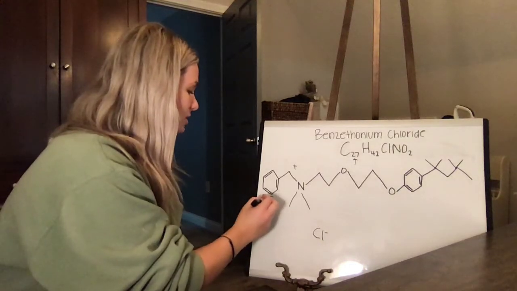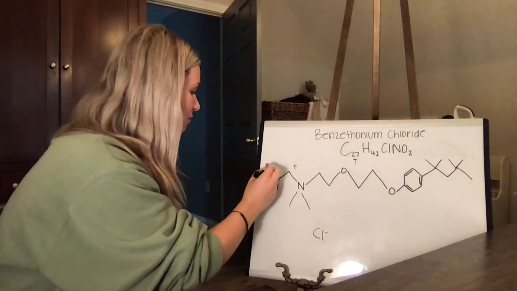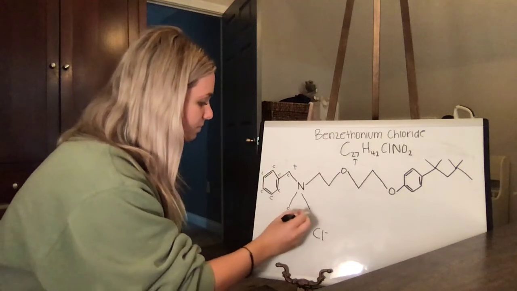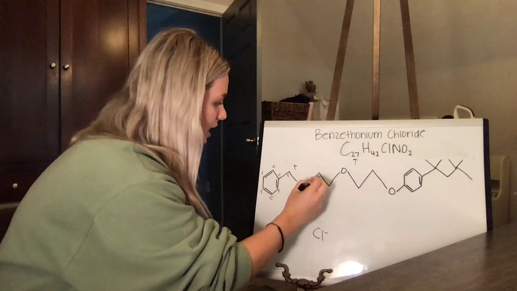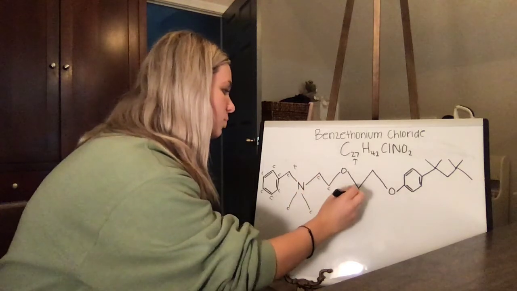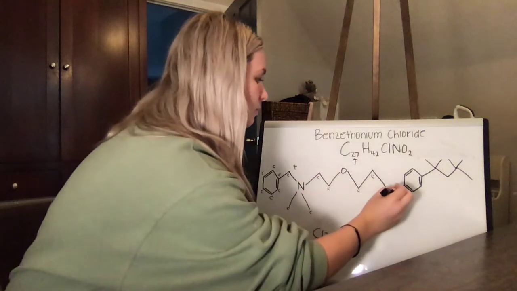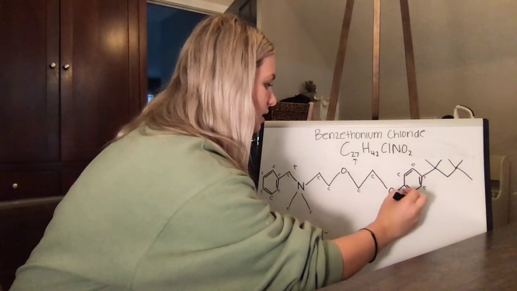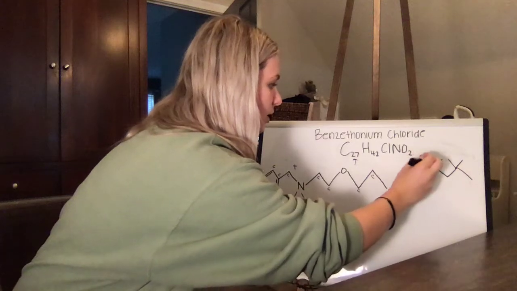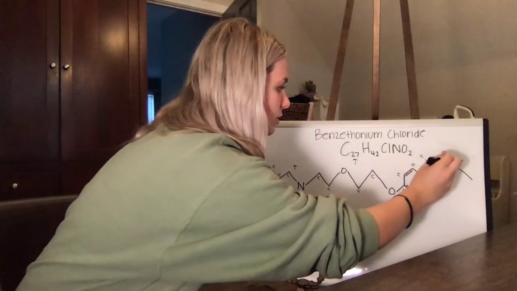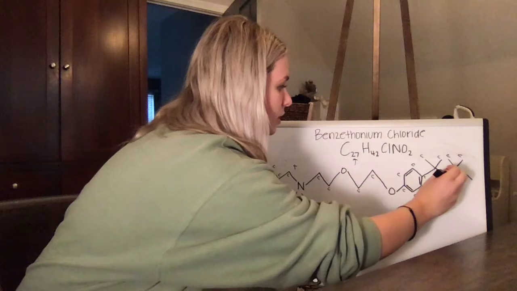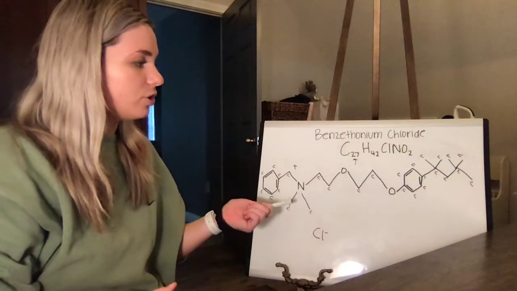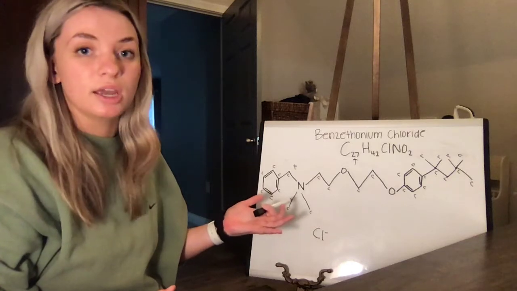If we count these out, it's 1, 2, 3, 4, 5, 6, 7, 8, 9, 10, 11, 12, 13, 14, 15, 16, 17, 18, 19, 20, 21, 22, 23, 24, 25, 26, and 27. So we can see that the amount of carbons in our skeletal structure matches the carbon count within our molecular formula.